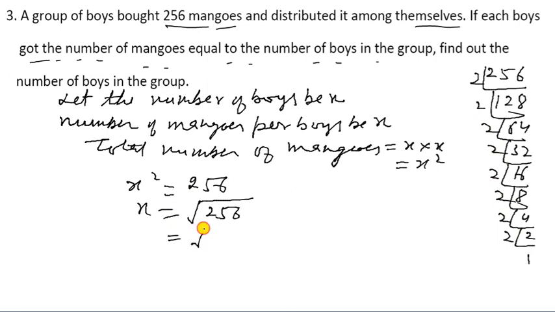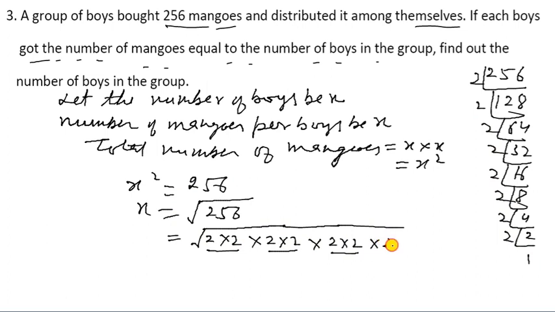A group of boys bought 256 mangoes and distributed it among themselves. If each boy got the number of mangoes equal to the number of boys in the group.